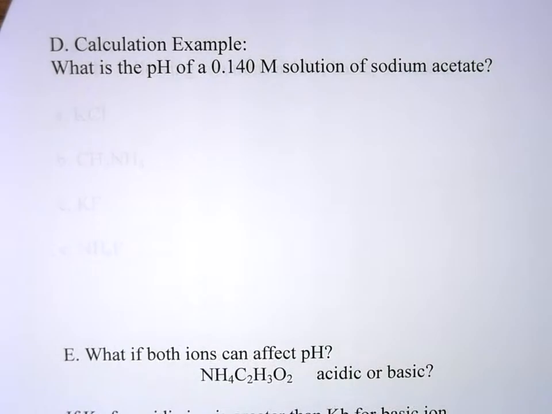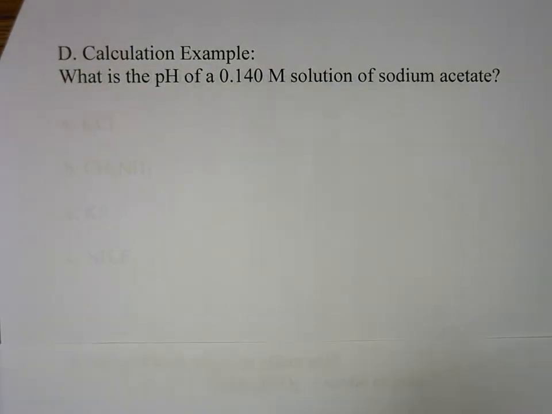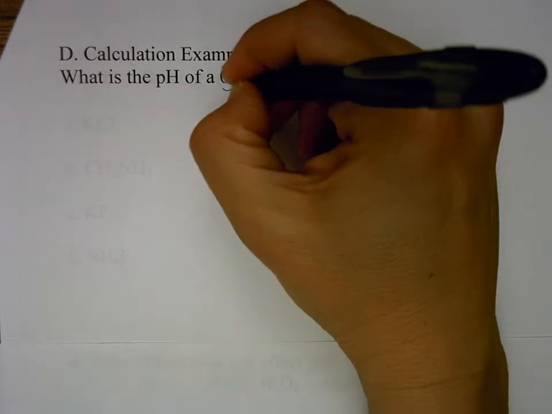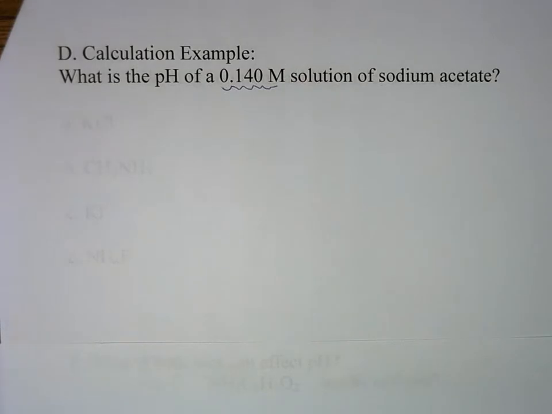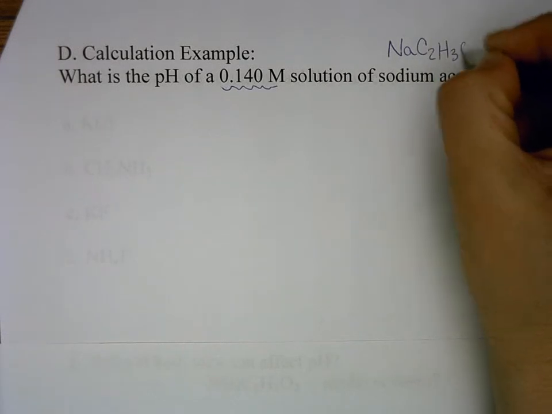A lot of stuff in this problem is exactly the same as what you've done before. There's just one added little piece of calculation or information that you need to work with in order to get the final pH. The question is still, what is the pH? And they give you the initial concentration, 0.14 molar of sodium acetate.